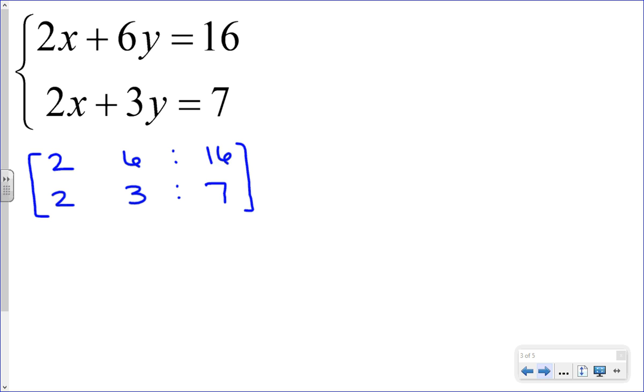Caleb, did you have something? What do you mean other way? Subtract it the other way. Okay. Zero on the bottom. Okay, we want the 0 on the bottom, right? So you're saying, okay, let's take row 1 minus row 2, and that's going to become our new row 2.